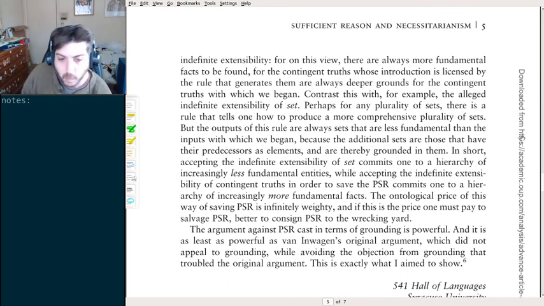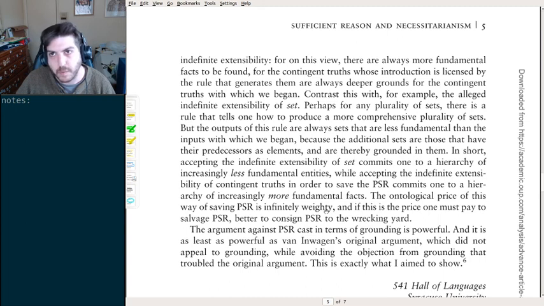Okay, I'm not 100% certain about increasingly more fundamental facts here. Just that there are more, and the parallels with sets only get you so far. There may not be these hierarchies set up exactly there. It just may be that it is indefinite to begin with, and there may be some fundamental indefinite property of trying to figure out what all the contingent truths are.